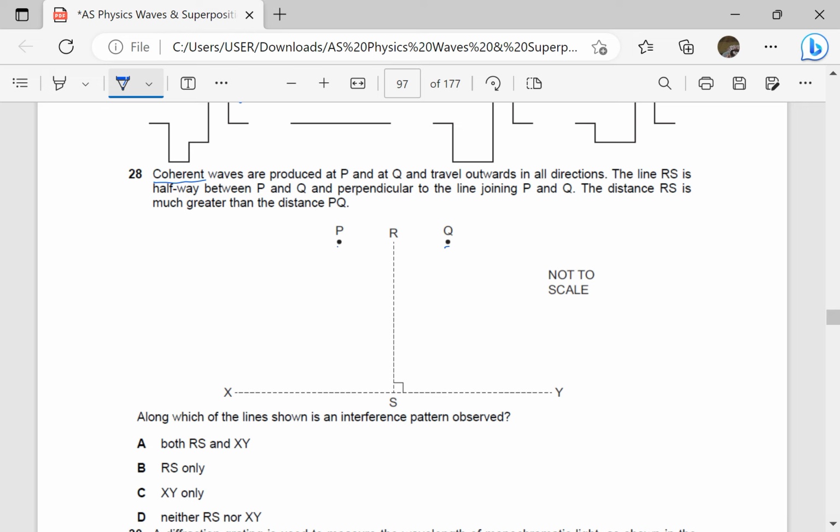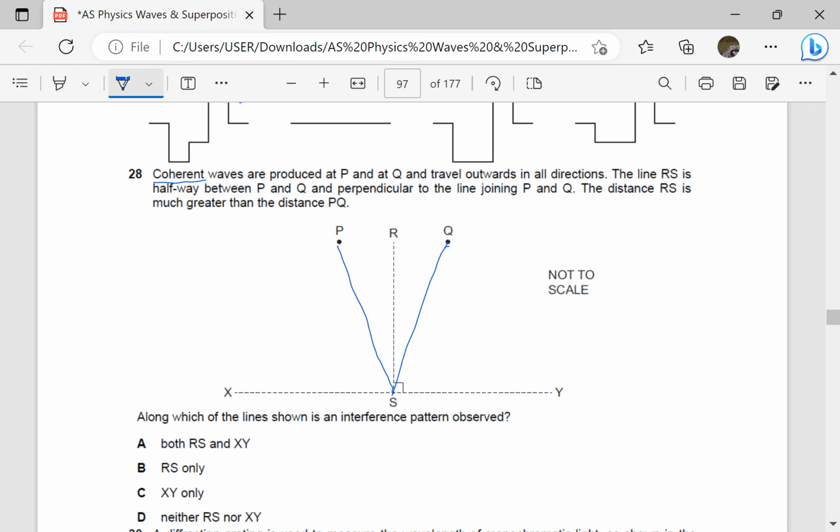Then the line RS is halfway between P and Q. That means if a wave travels from P to S and from Q to S, that will give constructive interference because they will travel the same distance. So if they arrive at S in phase, then they will give constructive interference.